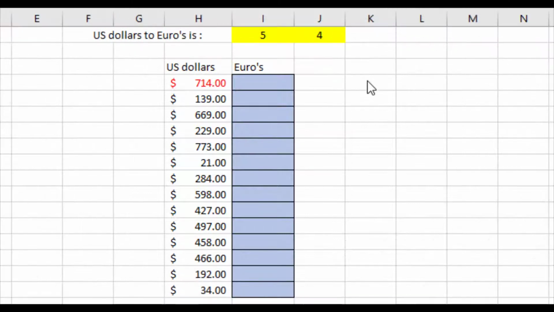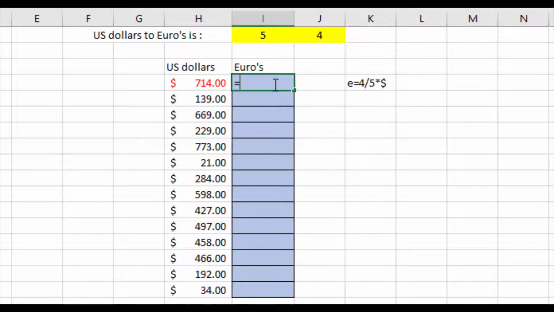Okay, from the worksheet we just did, we kind of have an equation. We know that euros equals 4 divided by 5 times the number of dollars that we're trying to convert. And so coming over here in this cell, we can say we want to convert $714 into euros. We're going to use the constant of proportionality, which we discovered by cross multiplying and dividing.